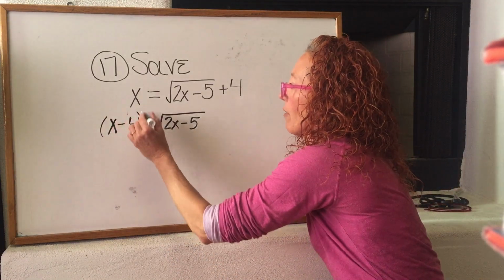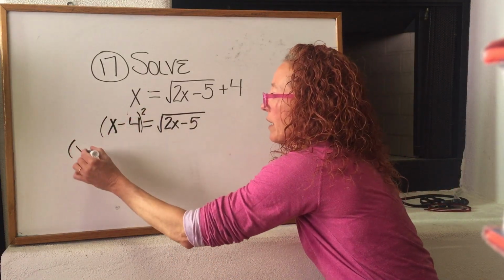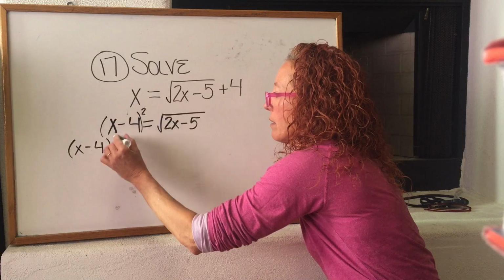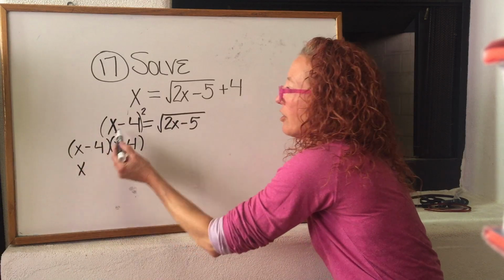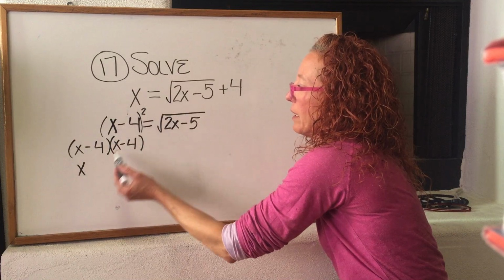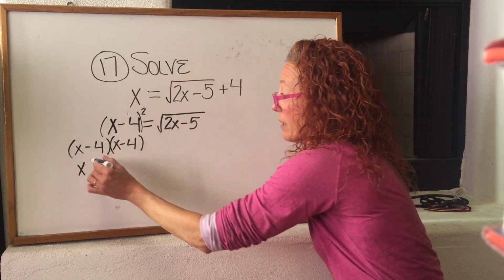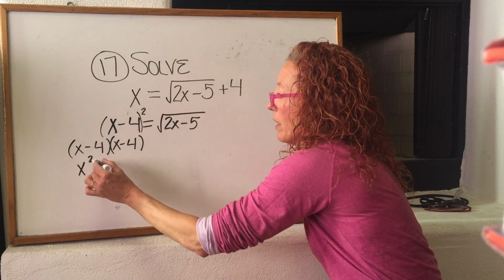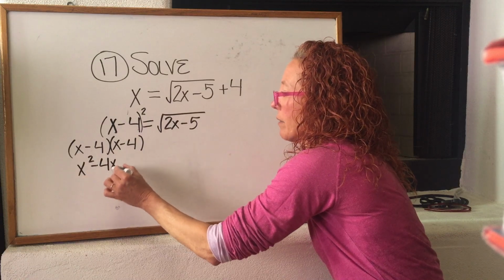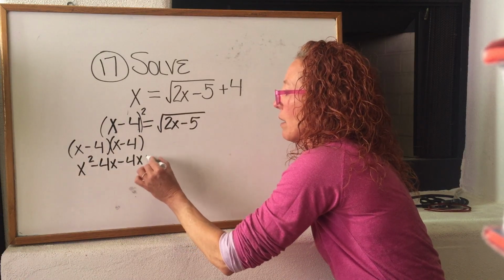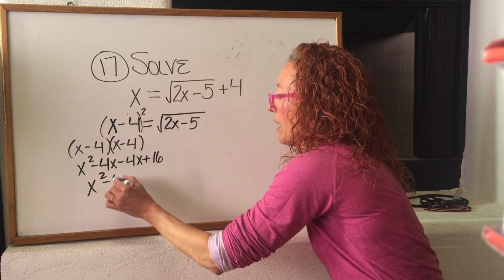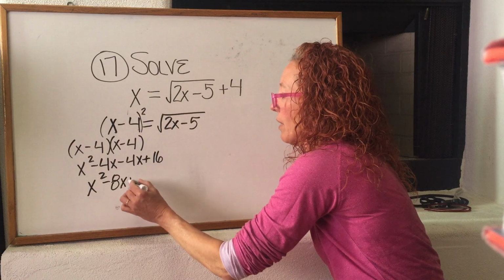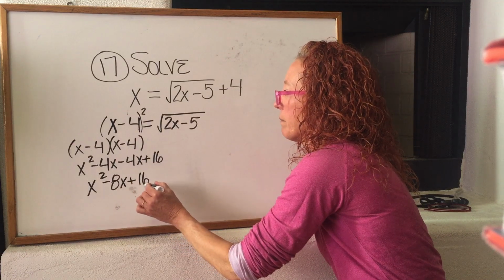When you square this side, you're going to need to write it twice and FOIL it out. Because it's not just x squared minus 16, or even x squared plus 16. It's going to be x squared minus 4x plus 16, or x squared minus 8x plus 16.